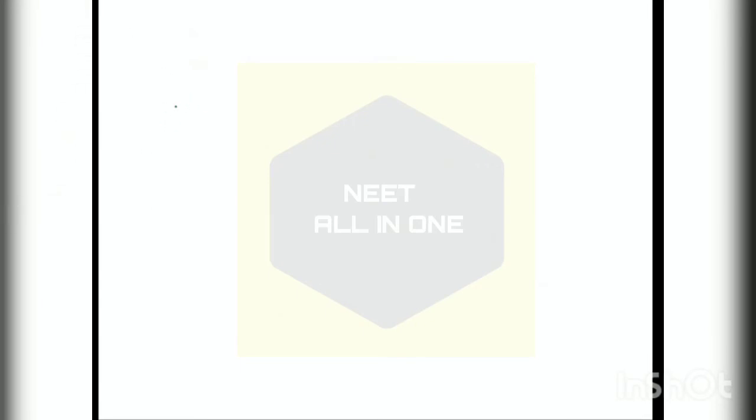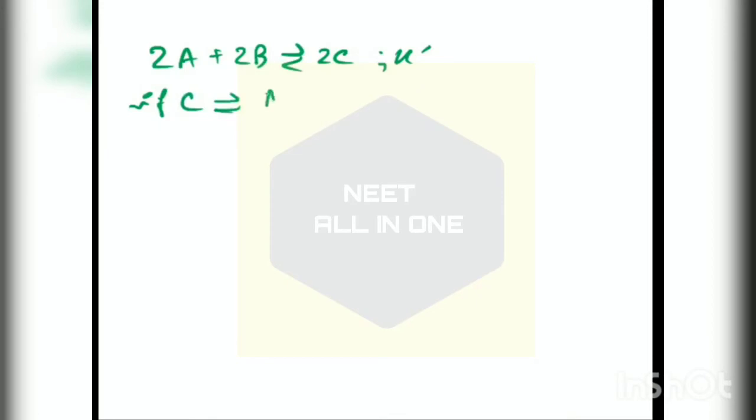If they give you the equation 2A plus 2B to 2C, with equilibrium constant K, and its equilibrium constant is K equal to 10, then what's the value of this K dash?